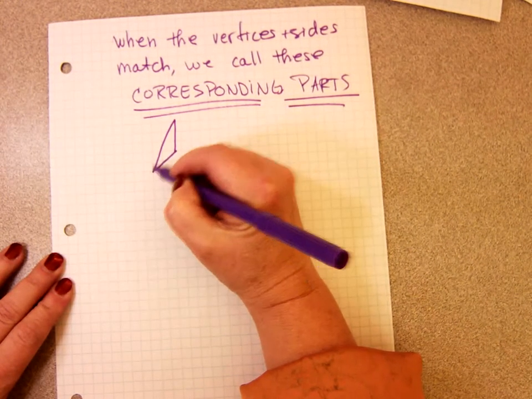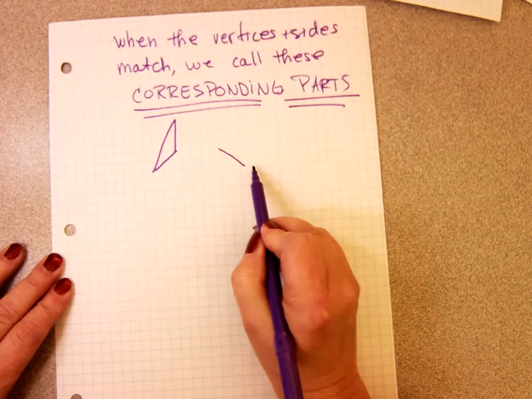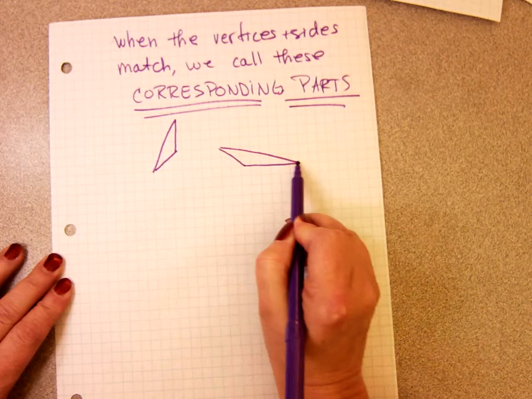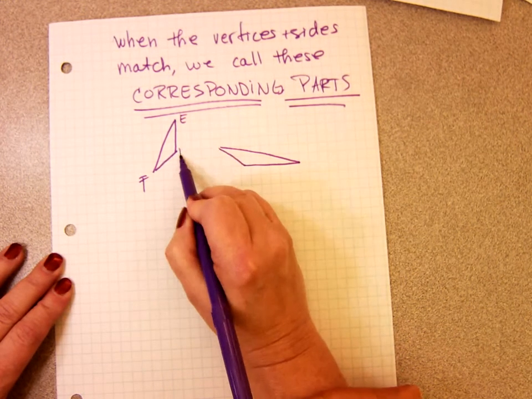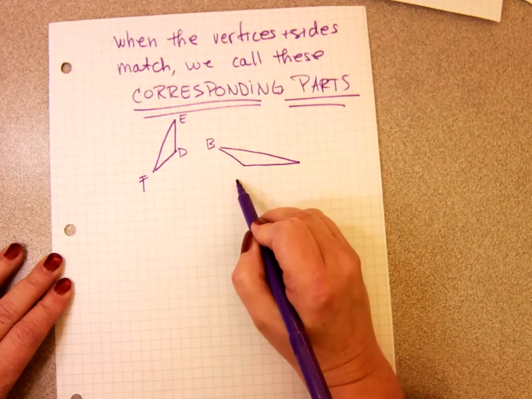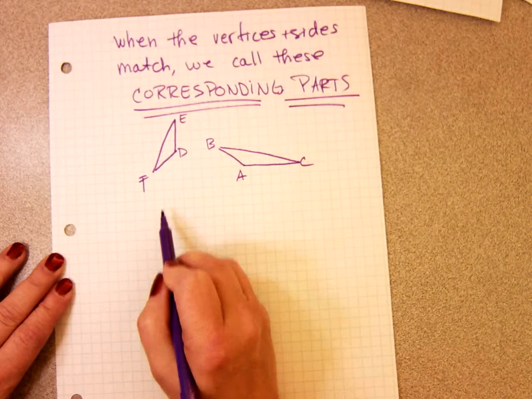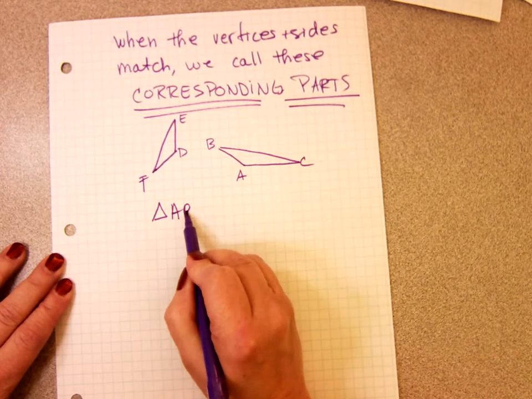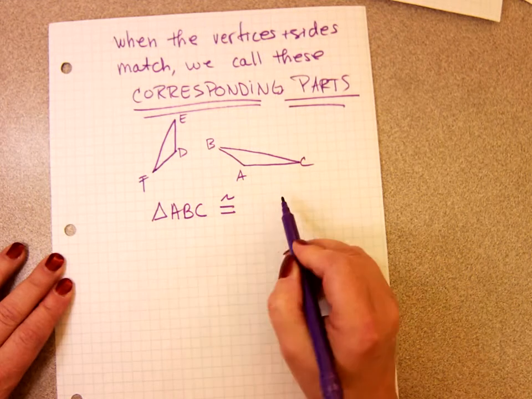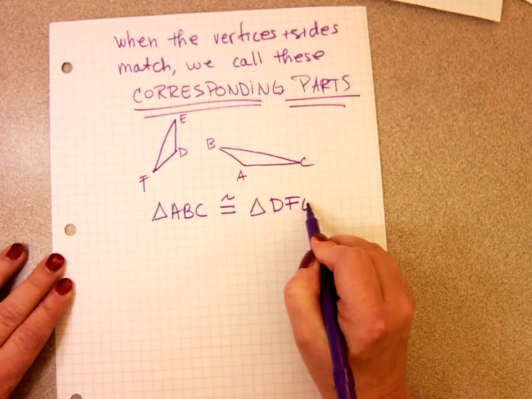So let's draw 2 triangles. And you all know my drawing skills are really bad. So I am telling you, even though it doesn't look like it, that triangle ABC is congruent to triangle DFE.